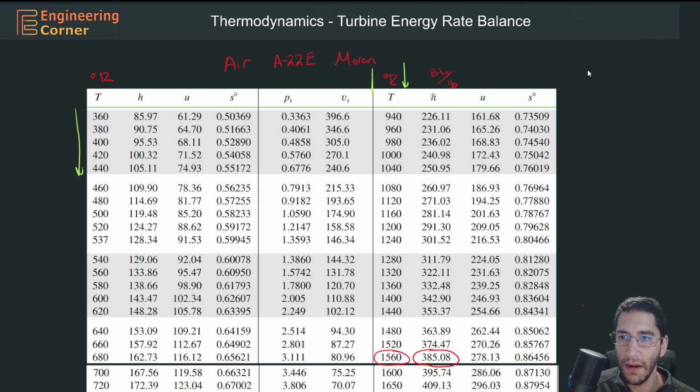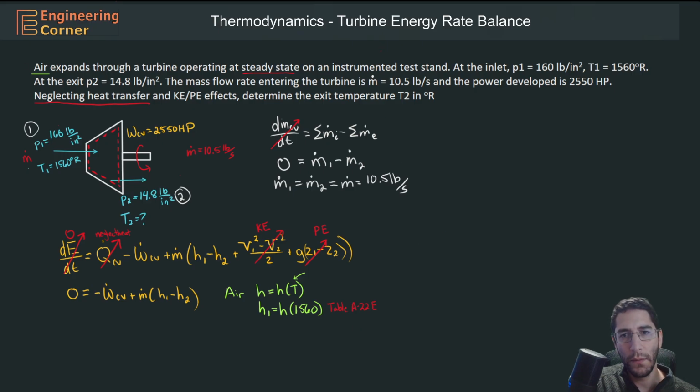So let's bring that back. Over here, we'll have H1 is equal to 385.08 BTU per pound. And we now need to figure out what H2 is. However, we don't know the temperature at 2, so we can solve our equation right here for H2.